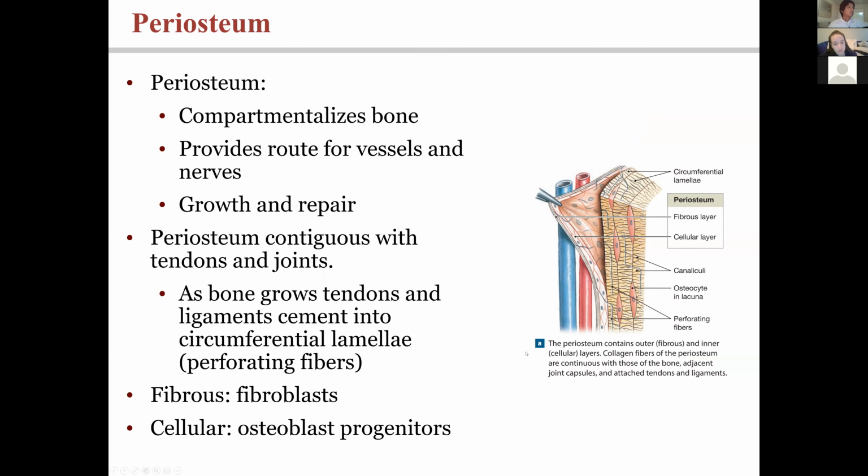All right, let's talk about the periosteum. Once again, it contains two different layers, a fibrous outer layer and a cellular inner layer. We talked about how much pressure tendons and ligaments undergo, and bones serve as an anchoring point for these components.